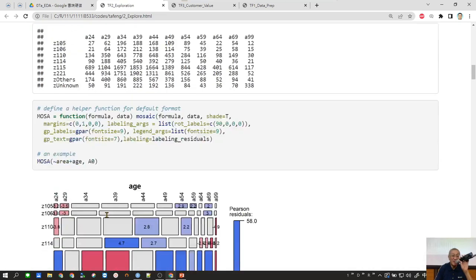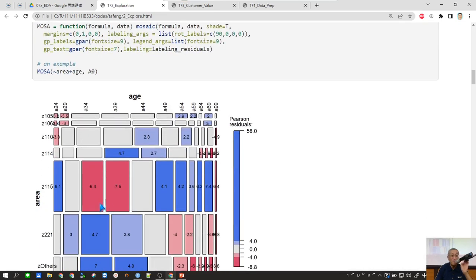So relatively, in Z115, the proportion of A34 and 39 is lower than in the entire population. This is important.